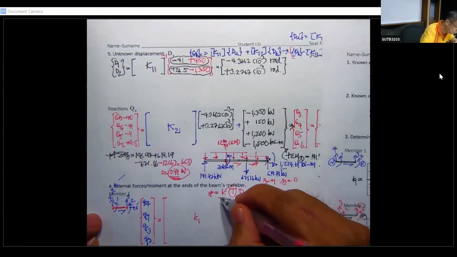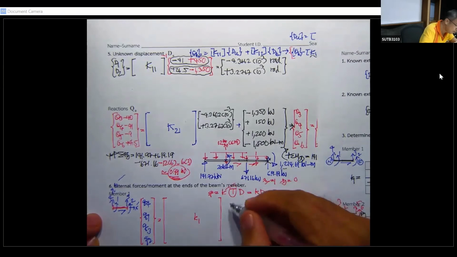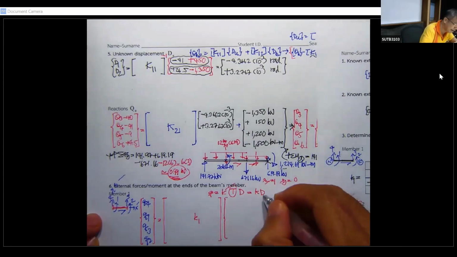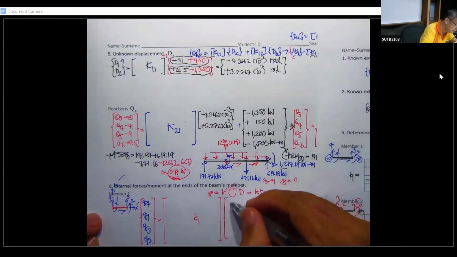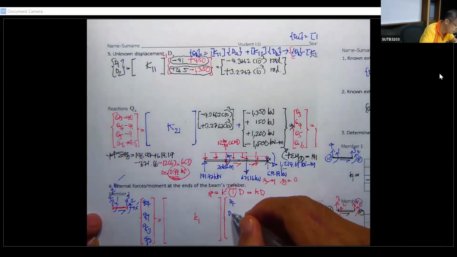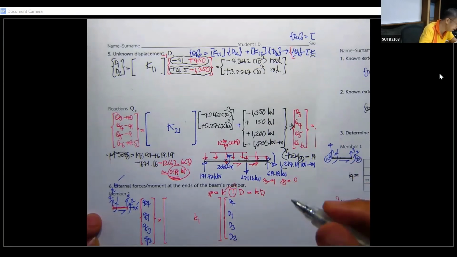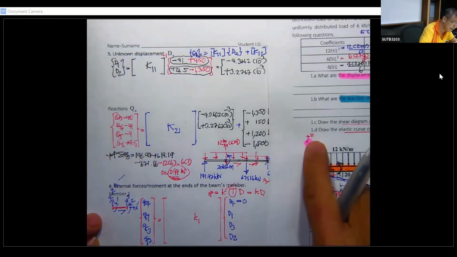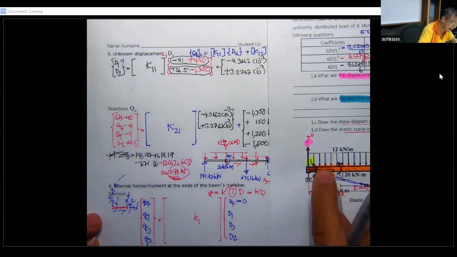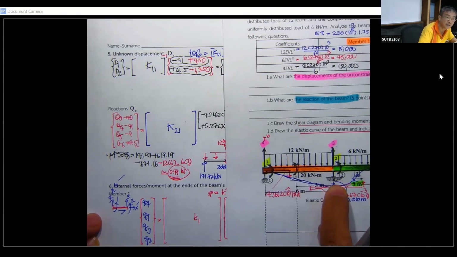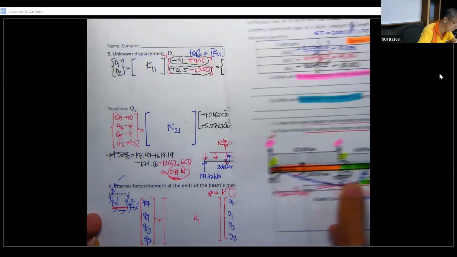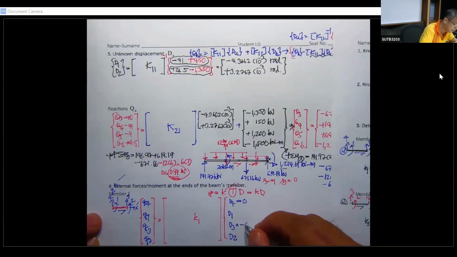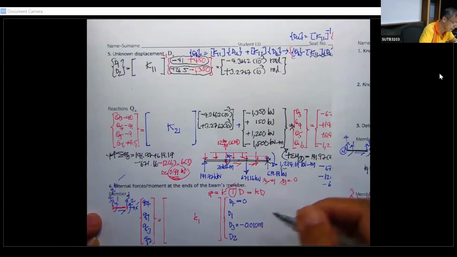Just plug this K1 into your calculator, for 4, 1, 3, 2. This will be multiplied by the capital D matrix with D4, D1, D3, and D2. You can see D4 is 0. D1 and D2 have numbers, and D3 is the settlement, minus 0.010 meter.